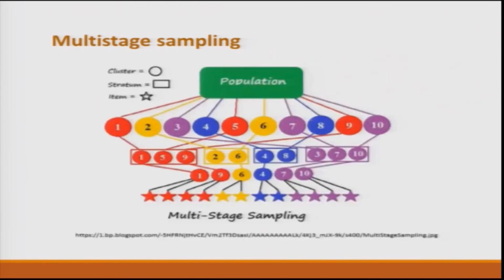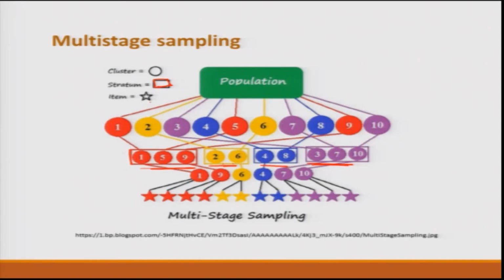So, this is one example of multi-stage sampling. This round represents the clusters. So, these are the clusters 1, 5, 9, this is one cluster. This is a stratum. So, this is one stratum, second stratum, third stratum and fourth stratum, and the star is the item.